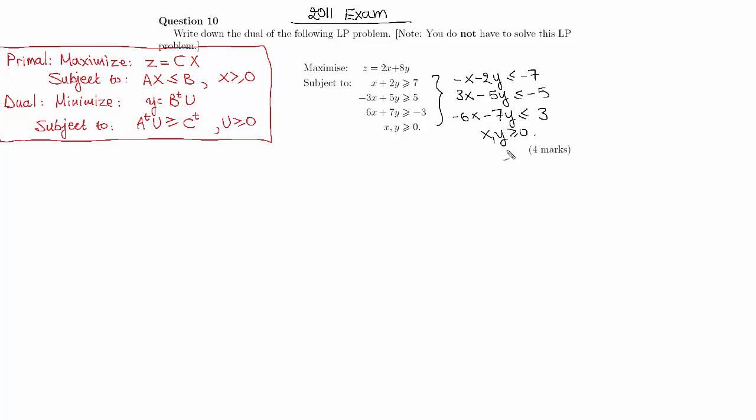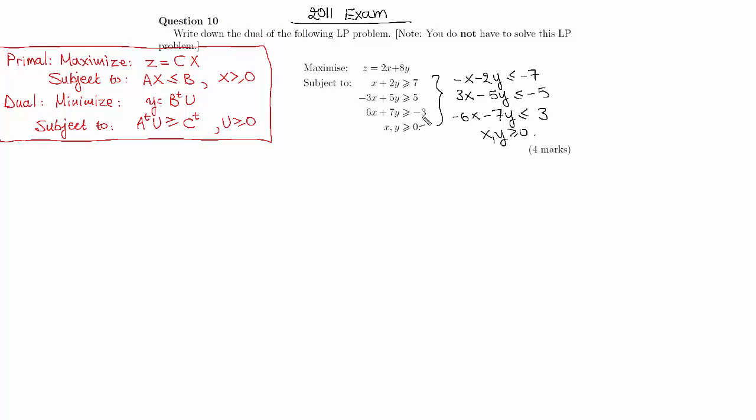We can see that the vector c here is just 2 and 8, which are the coefficients of x and y in the objective function. The matrix A is just the coefficients of x and y in the constraints, and then B is just the vector of the resource constants.